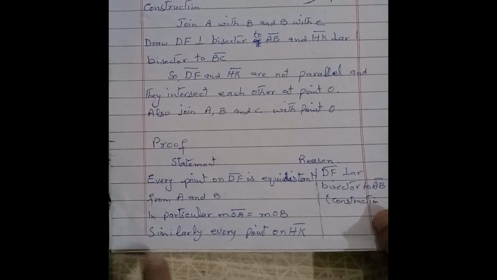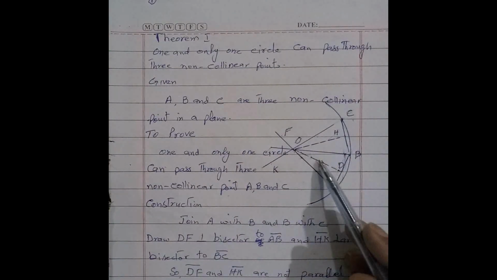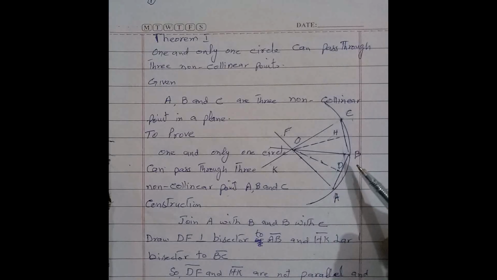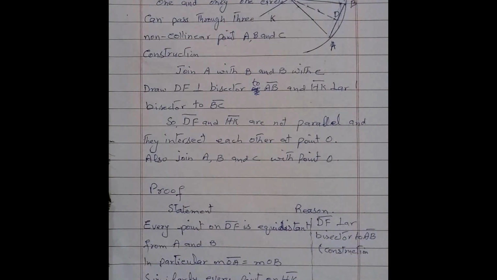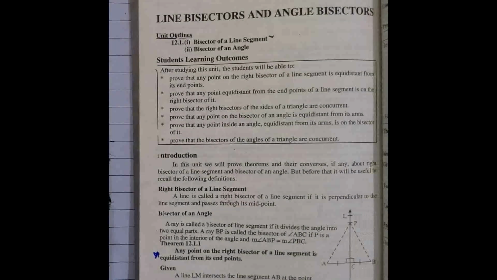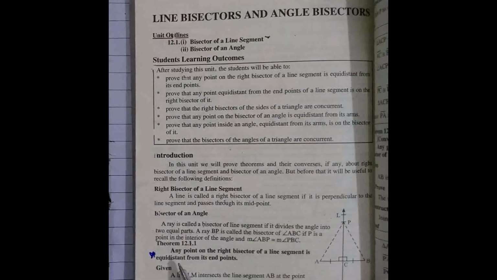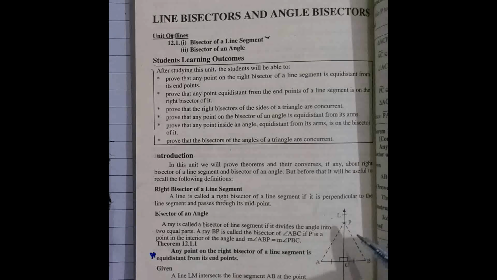Here every point on DF is equally distant from A and B. I quote a reference from class 9th, unit 10, theorem 12.1, in which any point on the right bisector of a line segment is equally distant from its endpoints, and this is the shape.